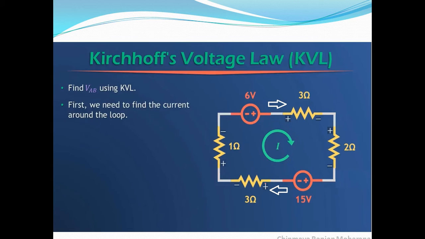If this is our voltage source, we have to ensure that the current flows in this way and comes in this way. Current will flow from this side in this way.